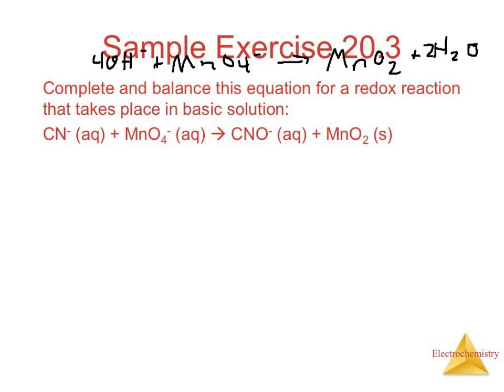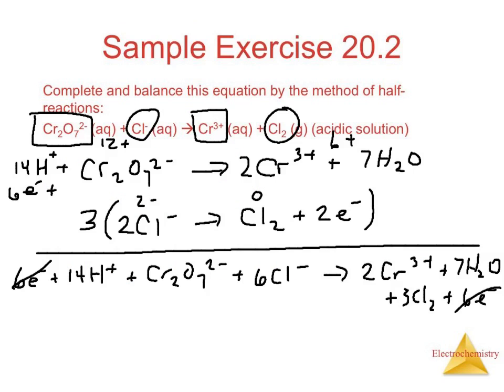Okay, so hopefully you can identify our 2 half reactions here. Those are the ones that contain the CN, and then you've got the MnO4- and the MnO2. Oh, by the way, I should go back and show you on this other one. You can figure out which one is the oxidation and which one is the reduction after you have done the half reactions, because this one at the top, the 6 electrons on the reactant side, means that it's gaining 6 electrons.